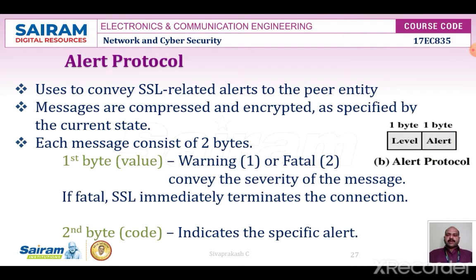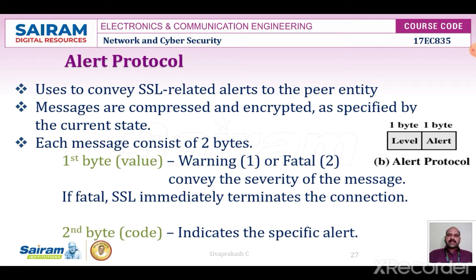Each message in this protocol consists of 2 bytes. The first byte takes the level, with the value warning or fatal, to convey the severity of the message. If the level is fatal, SSL immediately terminates the connection.